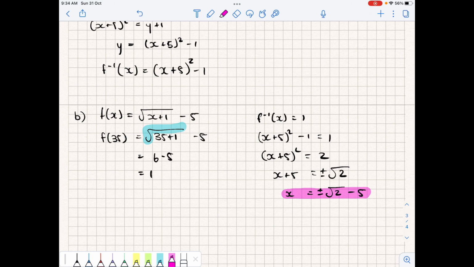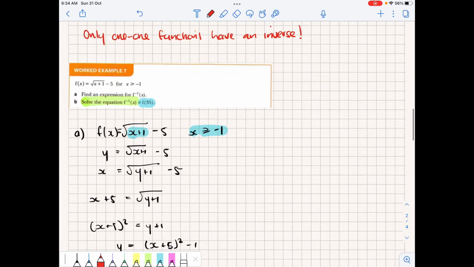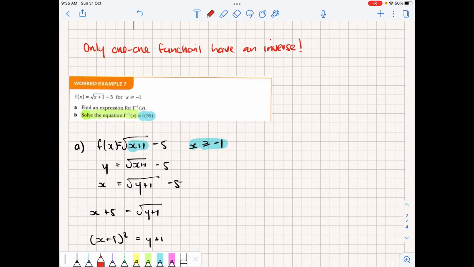Okay, so the input of the inverse function is the domain of the inverse, which is also the same as the range of the original function. So let's go back and see if we can calculate the range for the original function. Well, we have the domain. We're told that x has to be greater than or equal to -1.